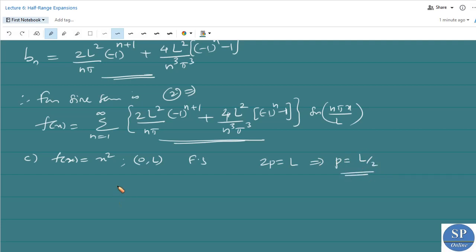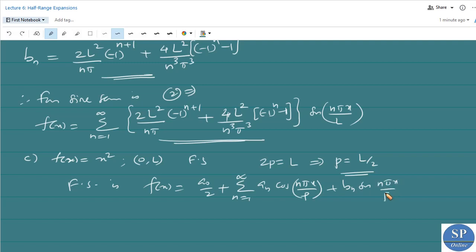We know the Fourier series is given by f of x equal to a naught by 2 plus summation n from 1 to infinity an cos n pi x by P plus Bn sin n pi x by P, where P equal to L by 2.